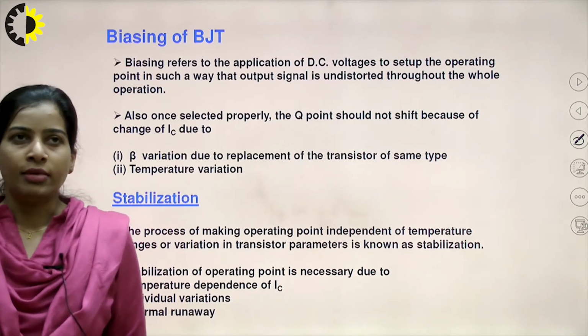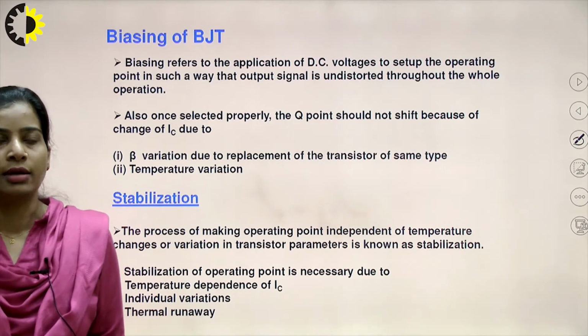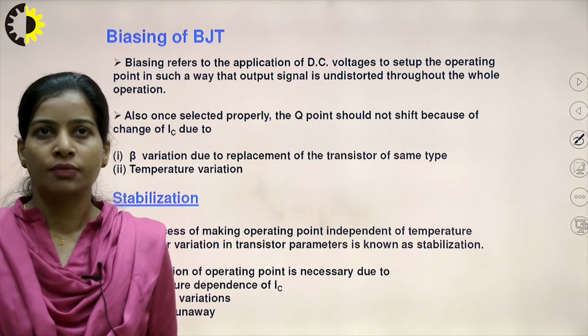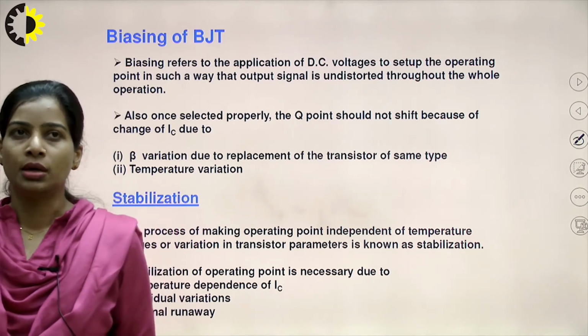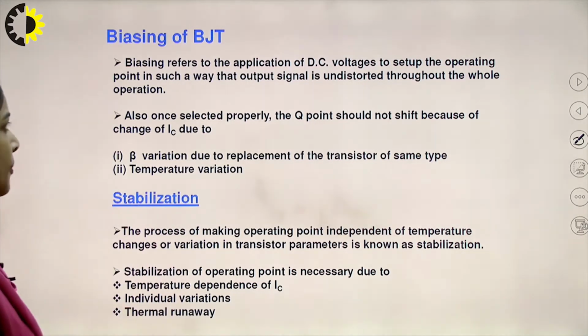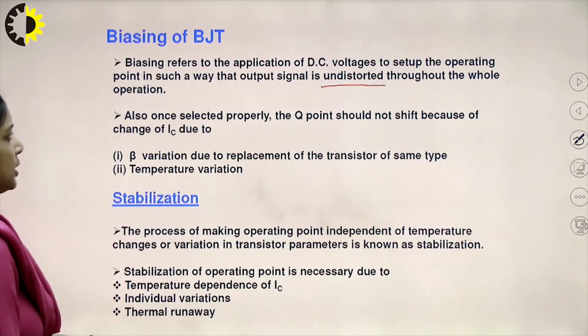So, first, why do we need the biasing of bipolar junction transistor and what is biasing? Biasing refers to the application of DC voltage to set up the operating point in such a way that the output signal is undistorted throughout the whole operation.